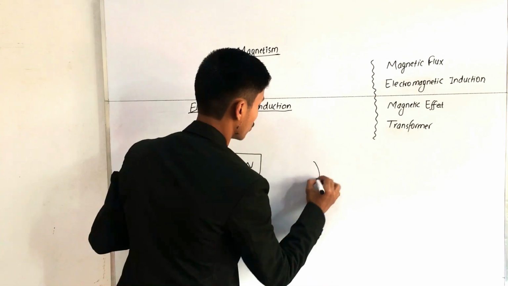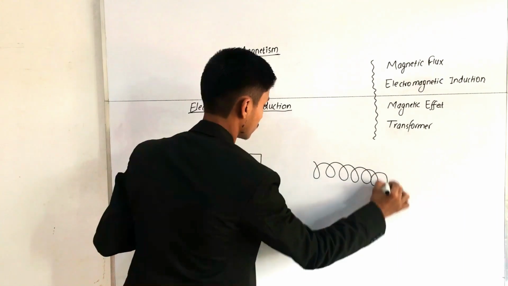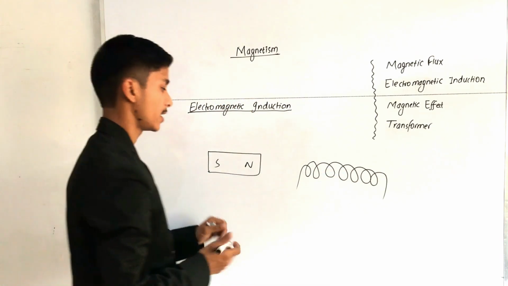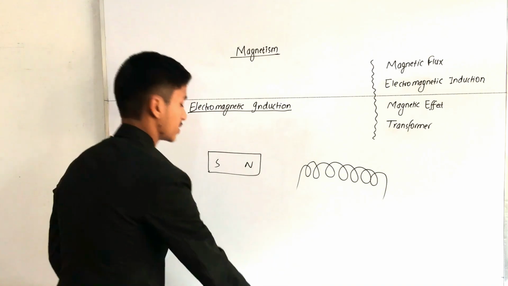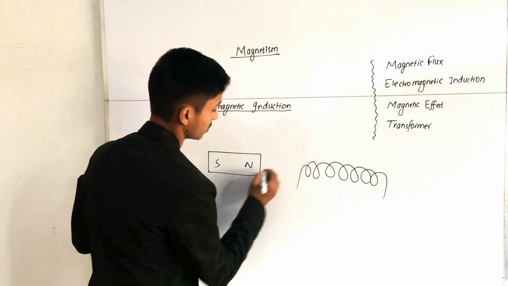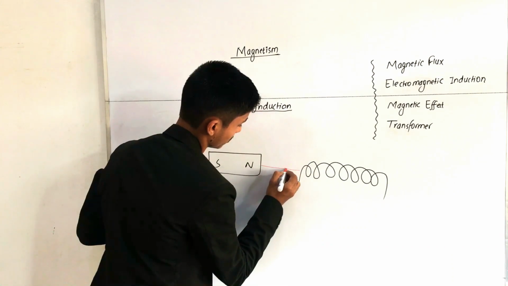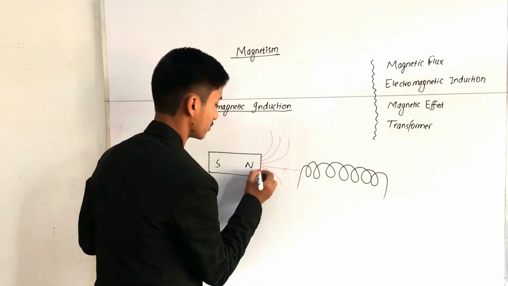Suppose this is a coil, and this is a strong bar magnet. Then suppose there is a line of force; it goes like this.